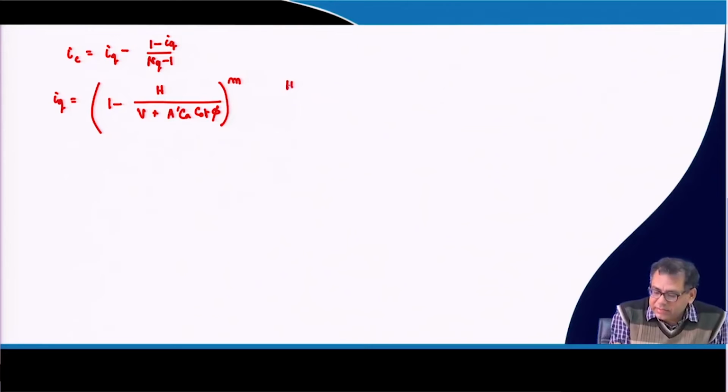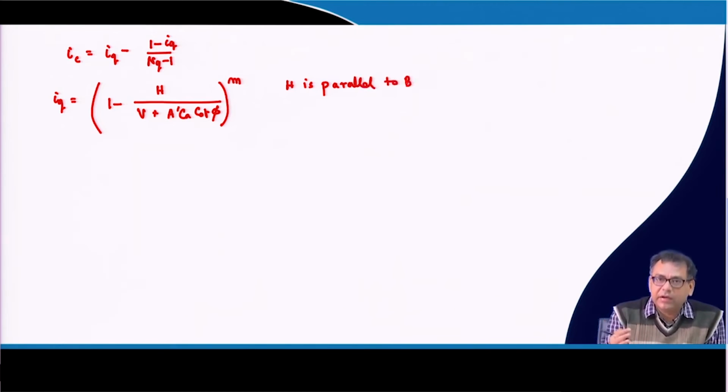Now, your H is parallel to B. So, if you look at that table, where it is given, if H is parallel to B, how you can calculate M? If H is parallel to L, then how you can calculate M? But if both HB and HL are present, then how to calculate M?